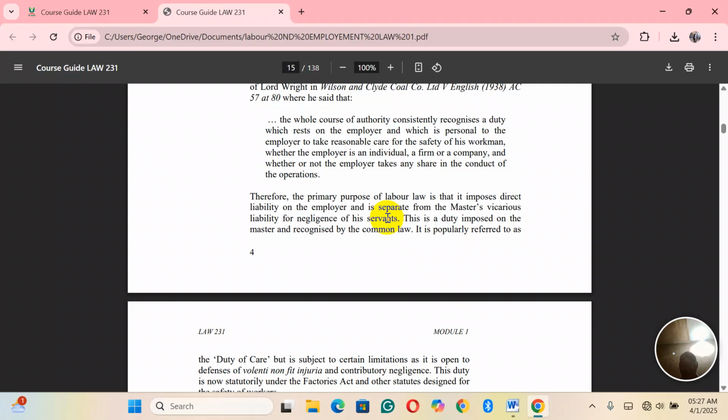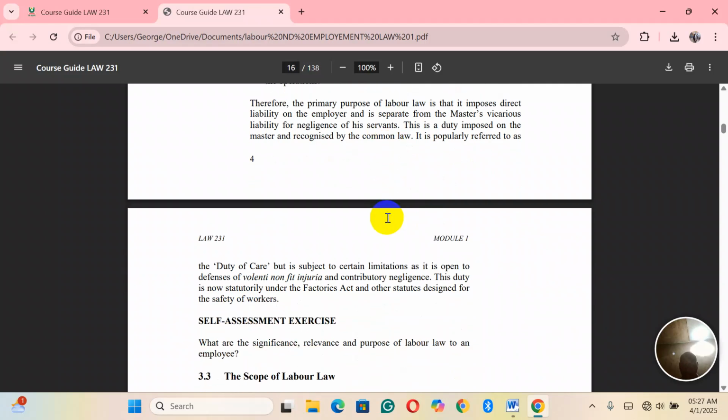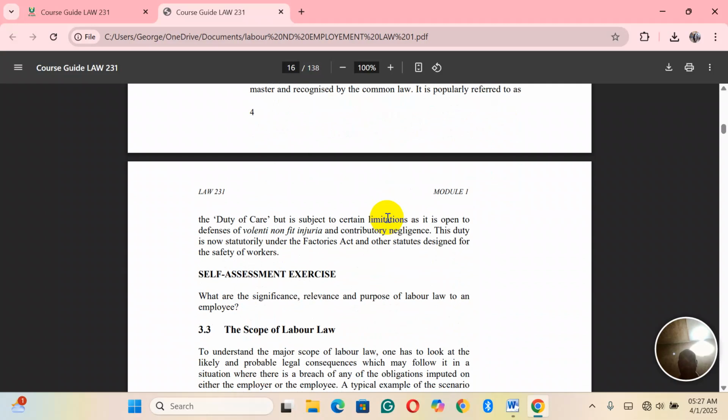It is popularly referred to as the duty of care, but it is subject to certain limitations as it is open to the defense of voluntary assumption of risk and contributory negligence. This duty is now also statutory under the Factories Act and other statutes designed for the safety of the workers.